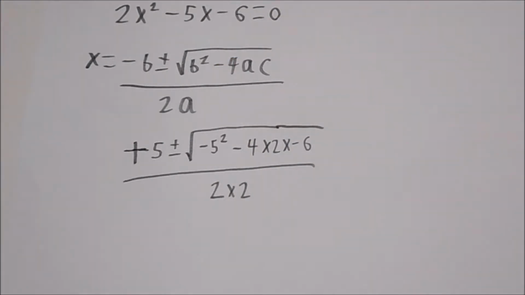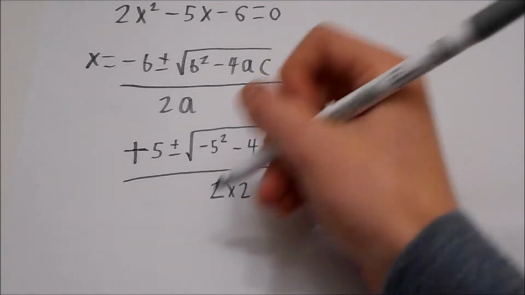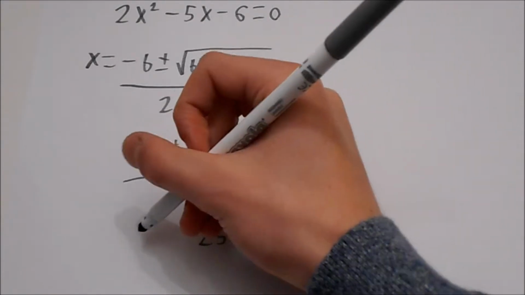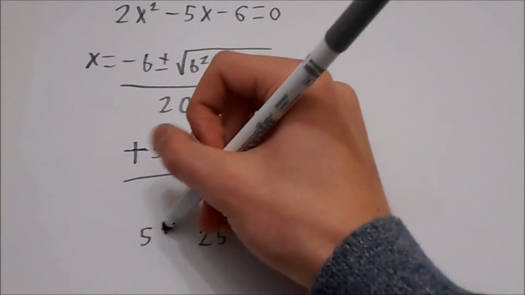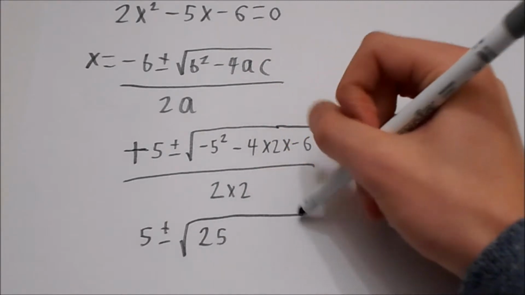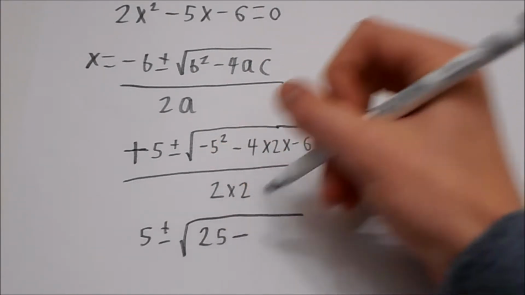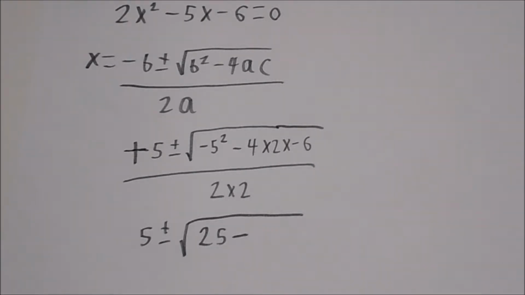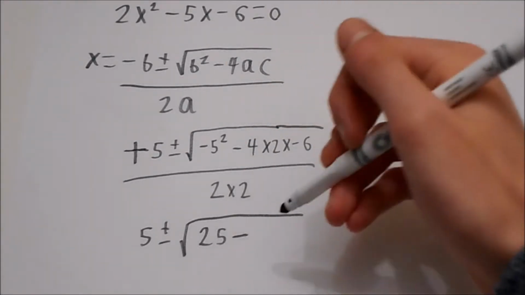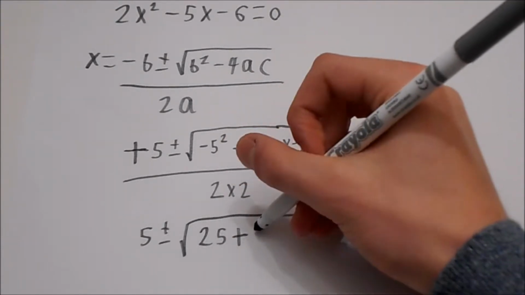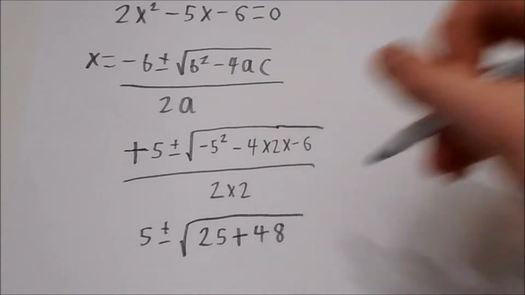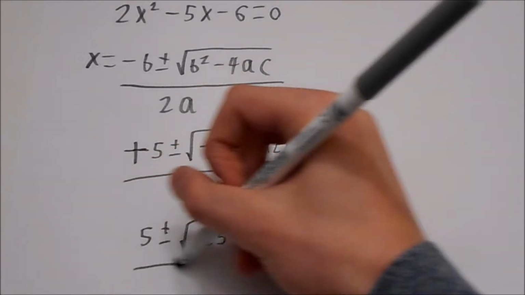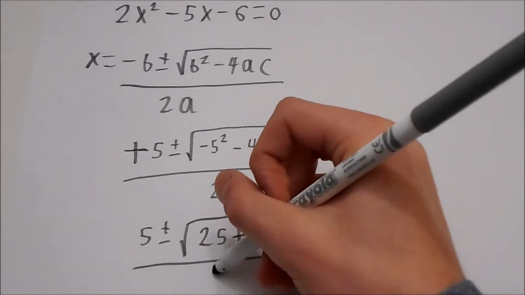So 5 squared, we know that's 25, so it's 5 plus or minus the square root of 25 minus 4 times 2, which is 8, then 8 times minus 6 is minus 48, so we're doing minus minus 48, so it's just plus 48, and then we're dividing it by 2 times 2, which is obviously 4.